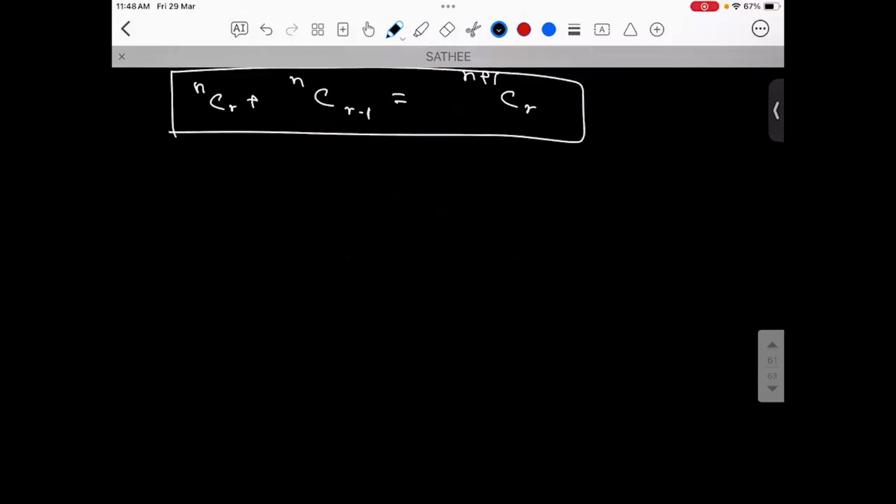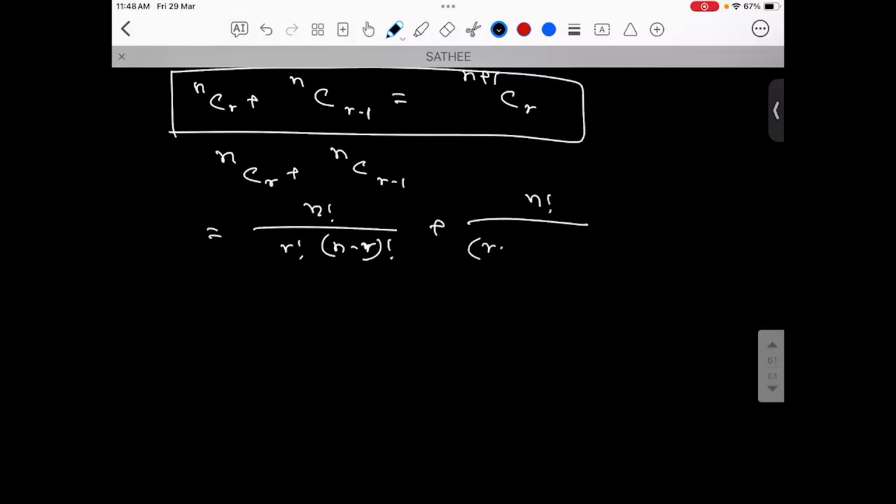So let us take the left hand side, nCr plus nC(r minus 1). Using the formula: n factorial divided by r factorial into (n minus r) factorial, plus n factorial divided by (r minus 1) factorial into (n minus r plus 1) factorial.